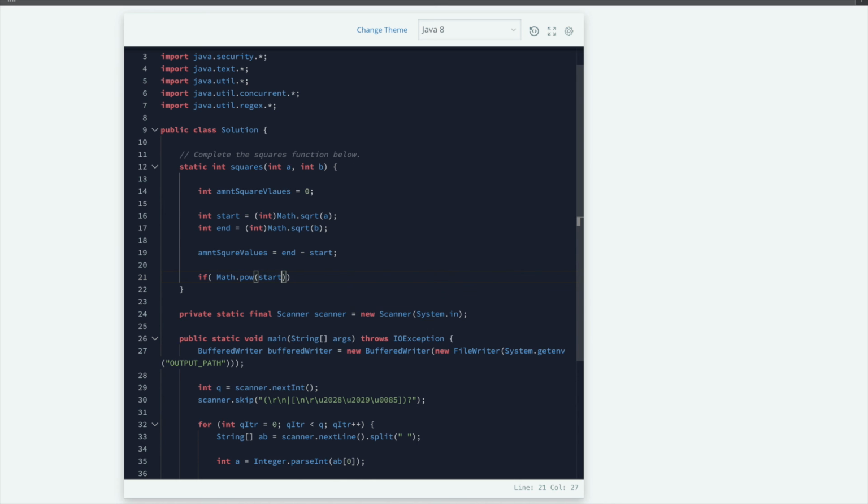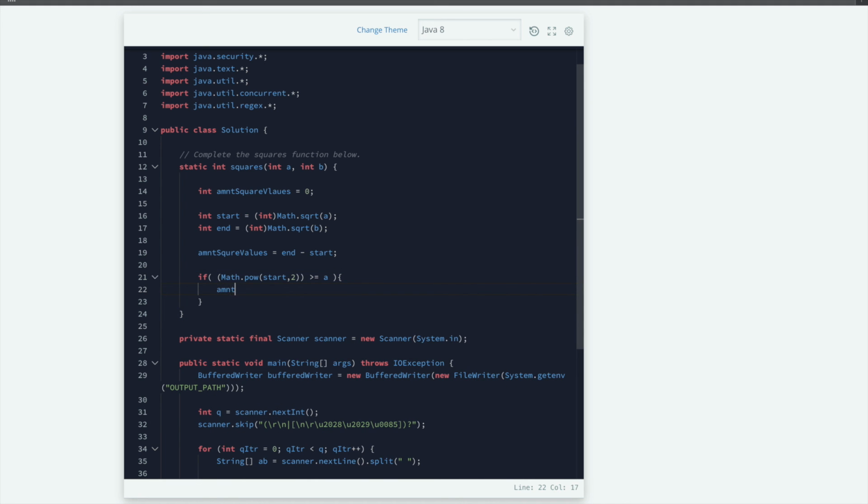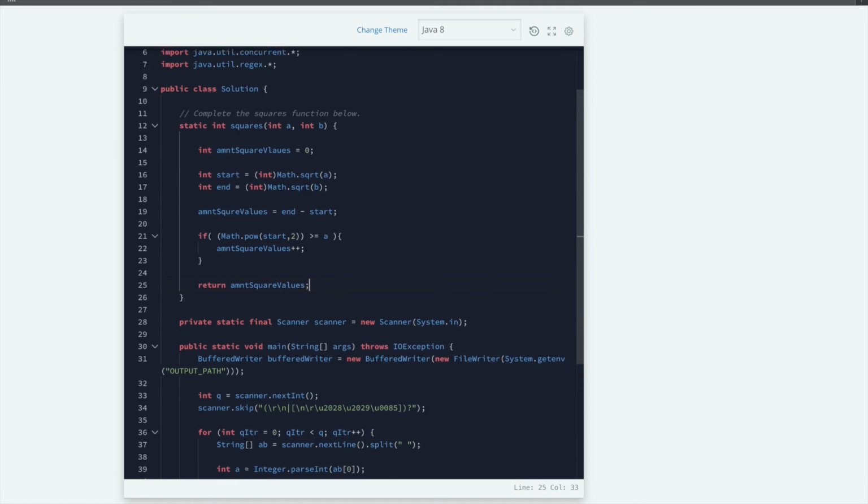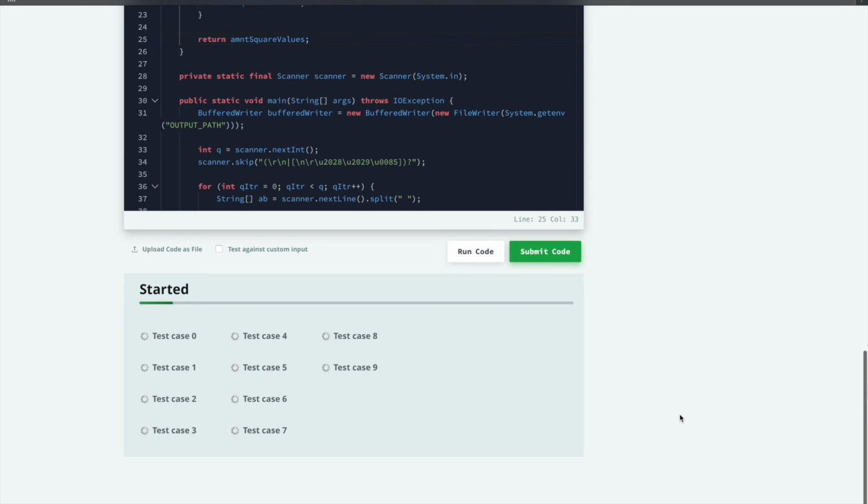So our start squared, and we'll say if this is bigger or equal to a, then increment amount square values. Okay, so finally, we will return amount square values, and that should be it.